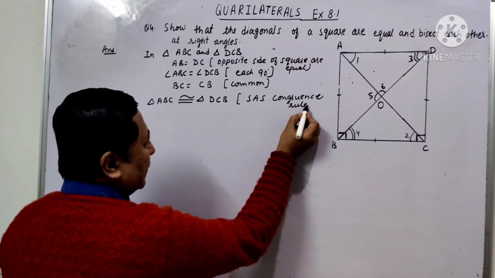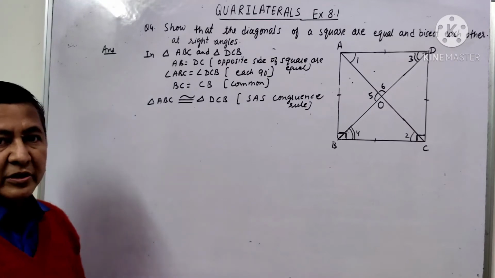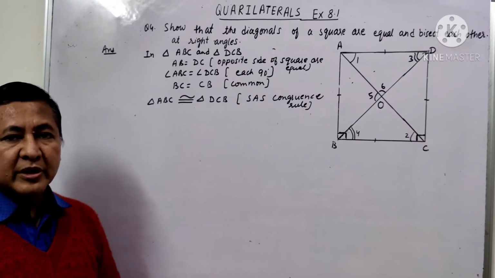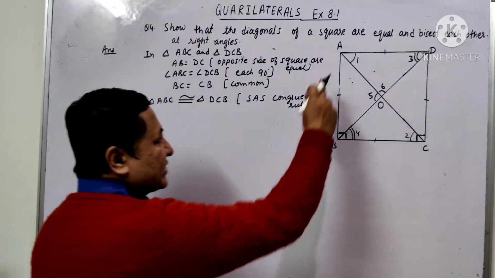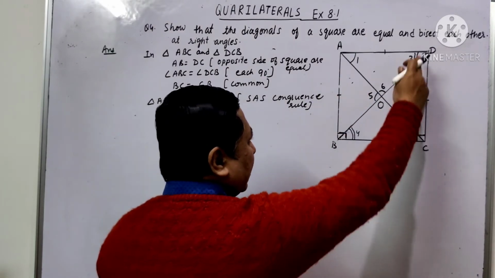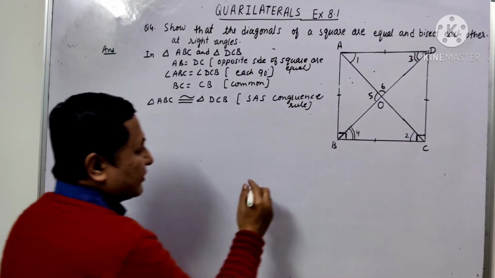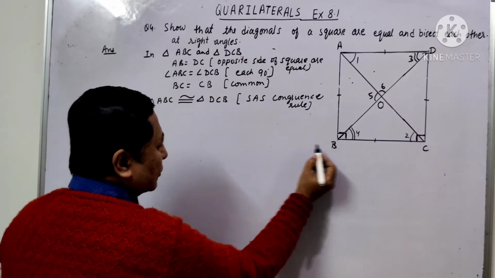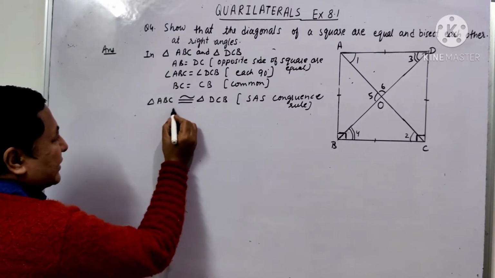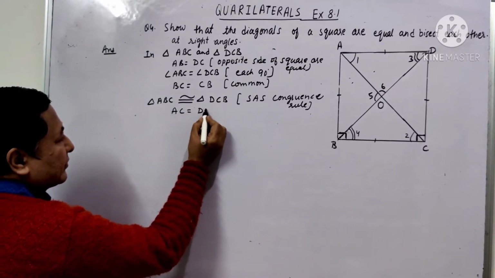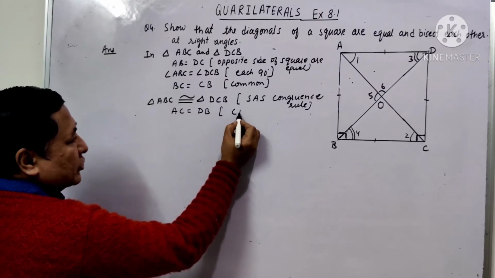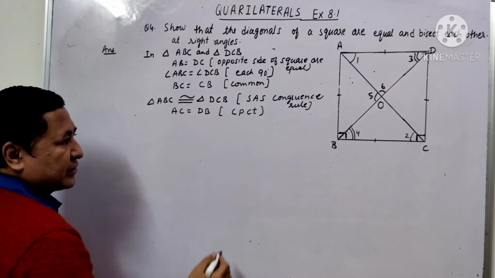Now since these two triangles are congruent, the corresponding parts will be equal. This AC of triangle ABC and DB of triangle DCB are both equal. So we can write AC is equal to DB, and the reason is corresponding parts of congruent triangles are equal.